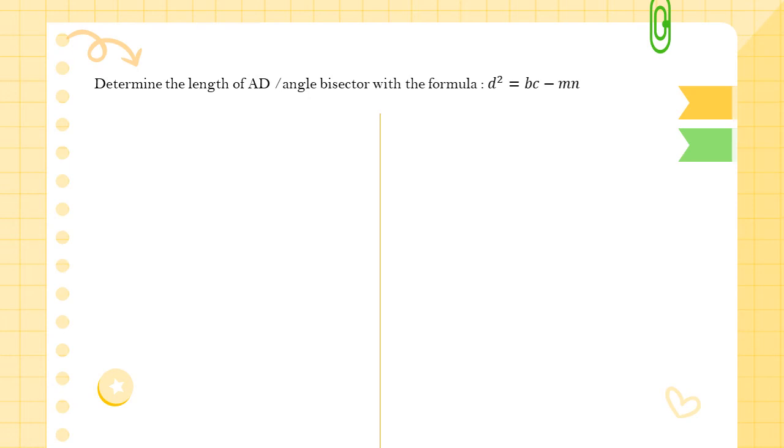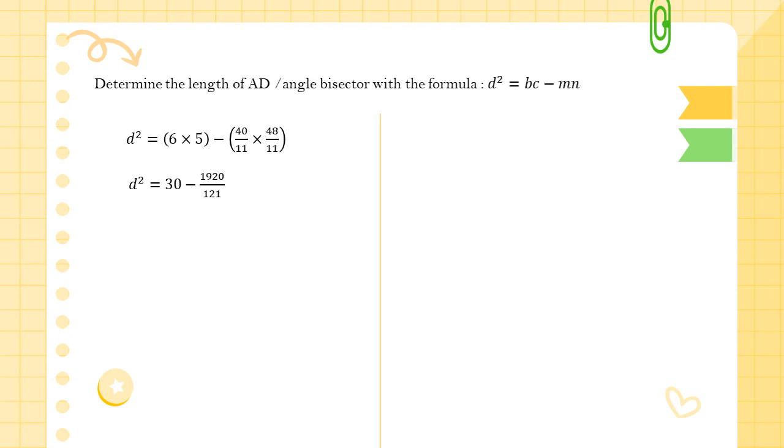Next, we will determine the length of AD or angle bisector with the formula D squared equals B times C minus M times N. D squared equals 6 times 5 minus 40 divided by 11 times 48 divided by 11. D squared equals 30 minus 1920 divided by 121.